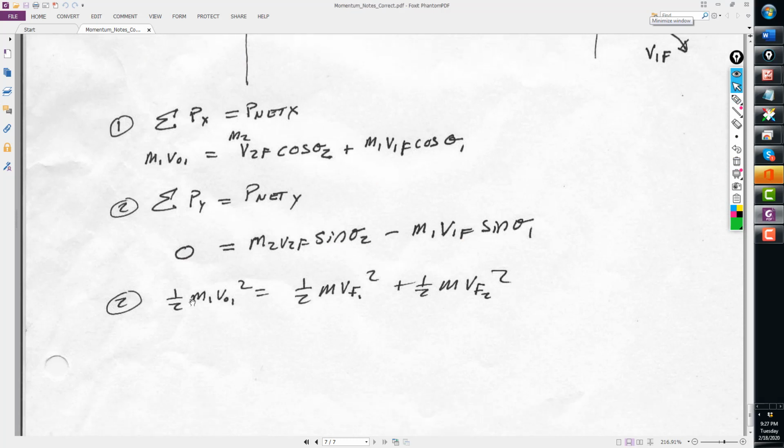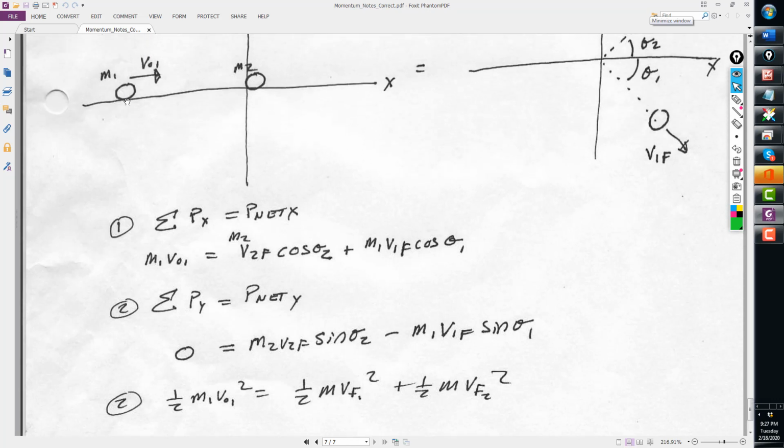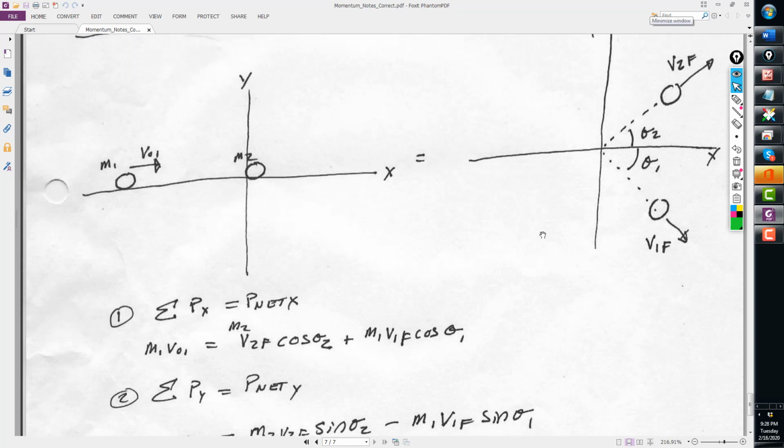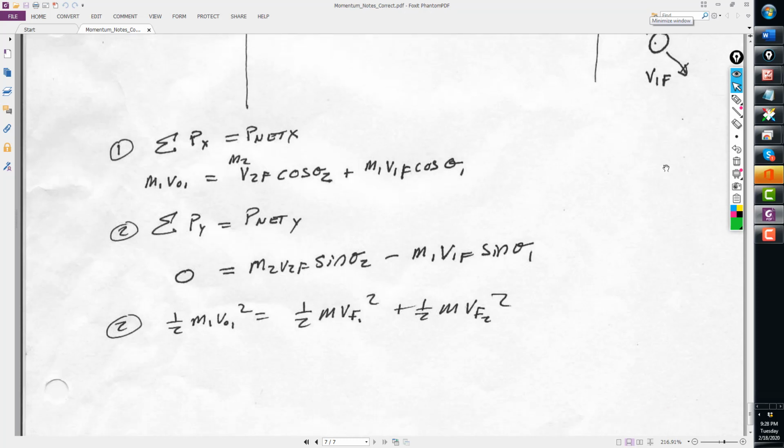So you would say 1/2 m1 v initial 1 squared. That was the mass of this one traveling first. That's the total kinetic energy of the system, because this one's not moving. It equals 1/2 m v final 1 squared plus 1/2 m v final 2 squared. Now, here's another thing about energy.